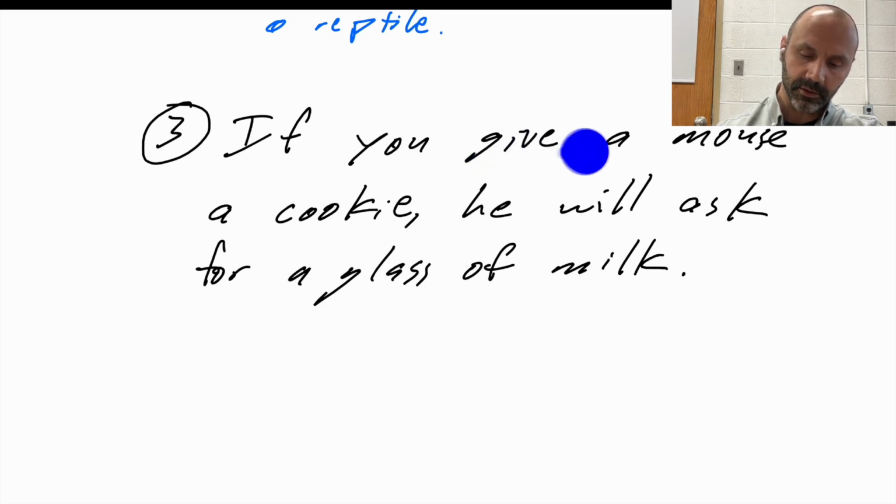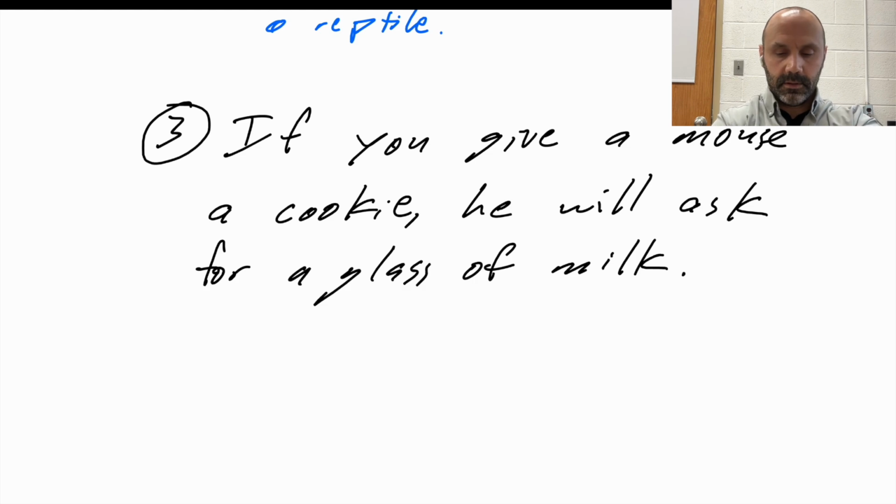So you give a mouse a cookie. It might be true or false. We don't know. But let's just say that you did give the mouse the cookie according to the rules of the book, which is gospel truth. Then he will ask for a glass of milk. So this is true. If, however, it's me, I'm not giving the mouse a cookie, so that would be false.